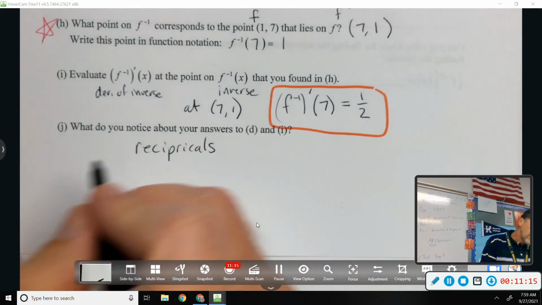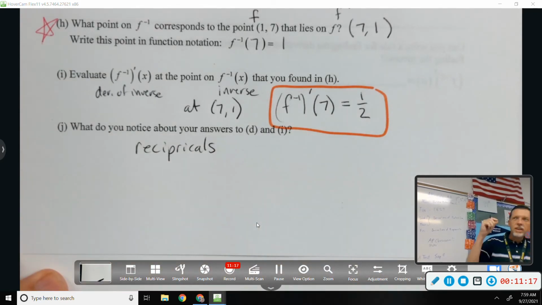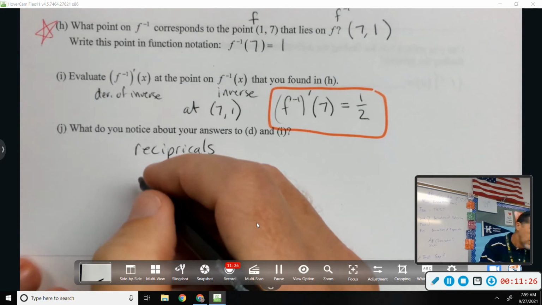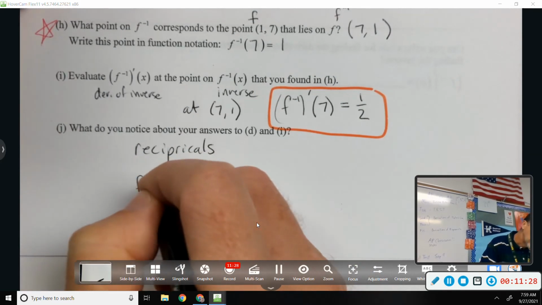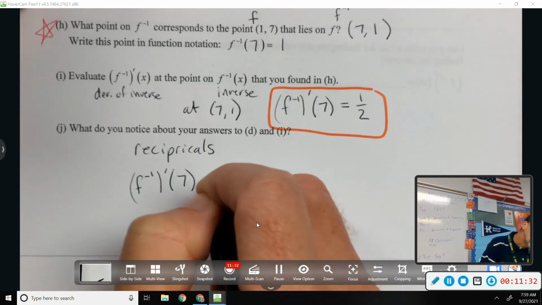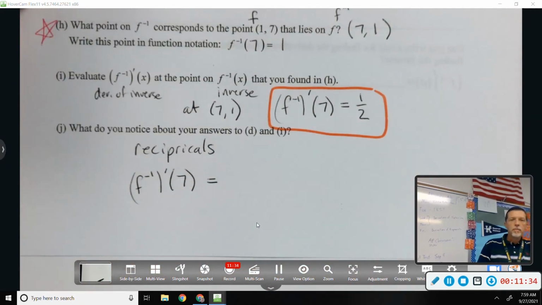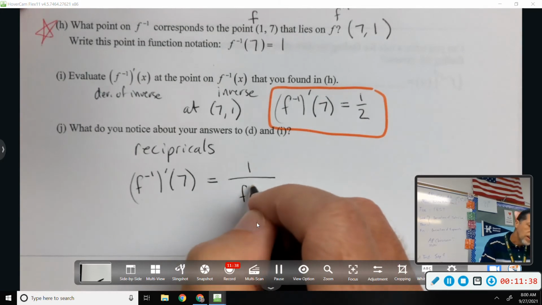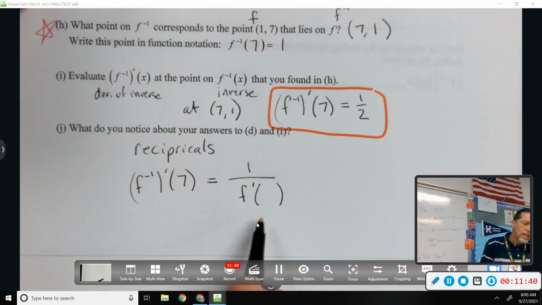Remember that derivative is dy/dx. So it makes sense that if you switch x and y, it would flip it over. Another way to say it is that the derivative of the inverse at 7 is 1 over the derivative, not at 7, but at 1.